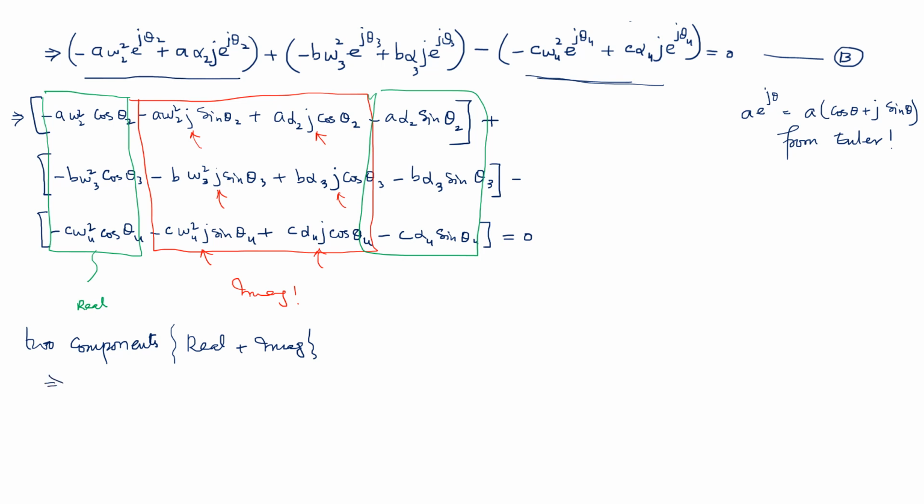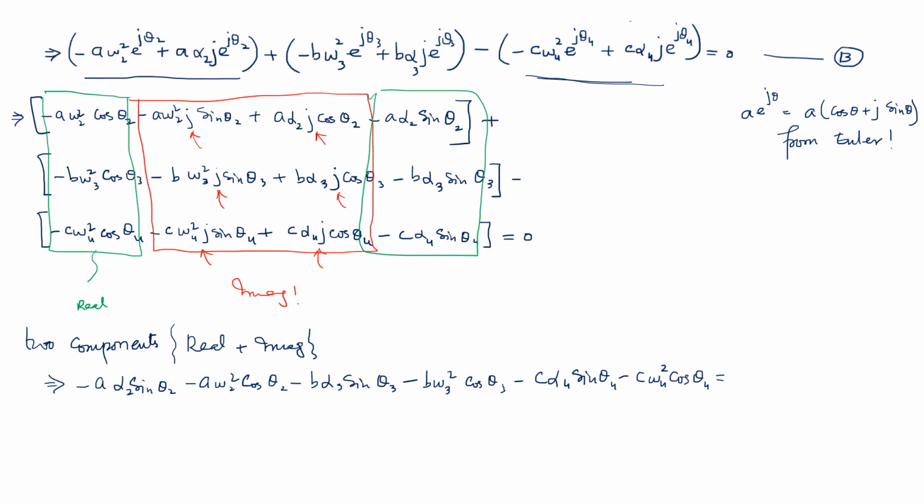So the very first one is going to be minus a alpha 2 sine of theta 2 minus a omega 2 squared cos of theta 2 minus b alpha 3 sine of theta 3 minus b omega 3 squared cos of theta 3 and minus c alpha 4 sine of theta 4 minus c omega 4 squared cos of theta 4. So this is equation number 1.